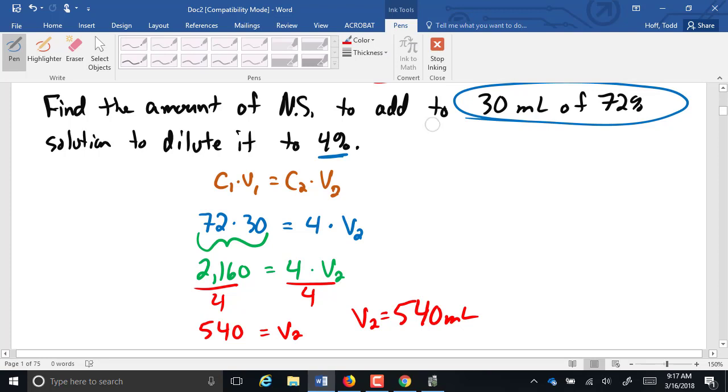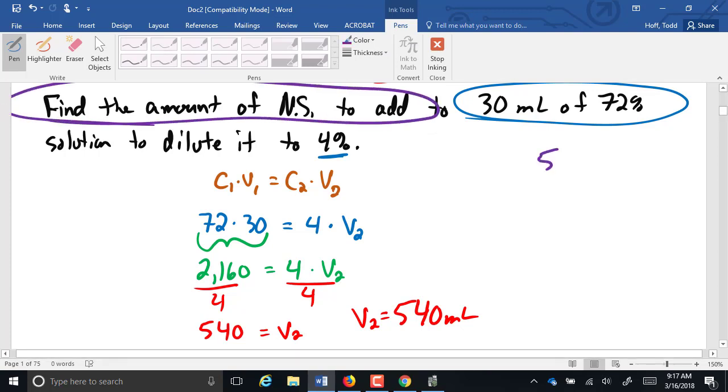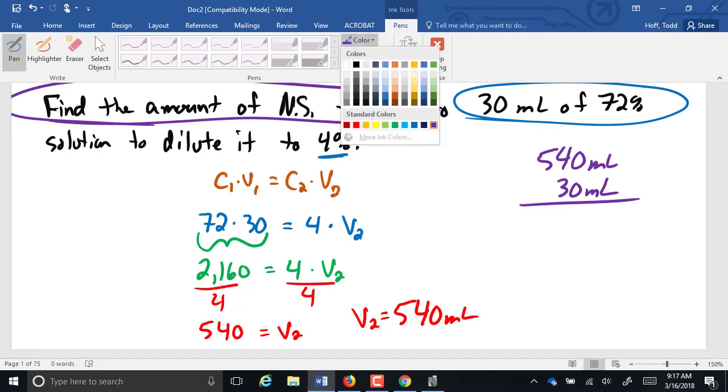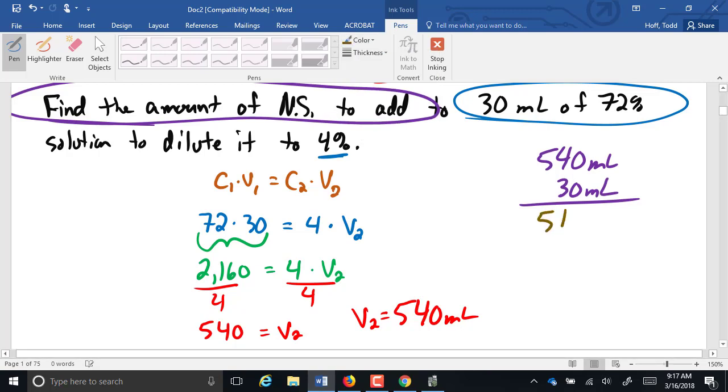Remember, we're asked how much saline to add. Well, we already had 30 milliliters. So to get from 30 milliliters to 540, we subtract to get 510 milliliters of saline to add.